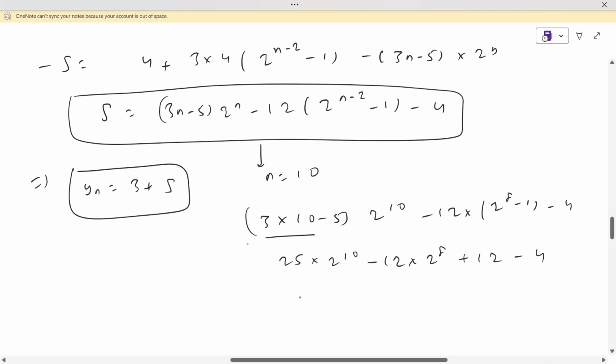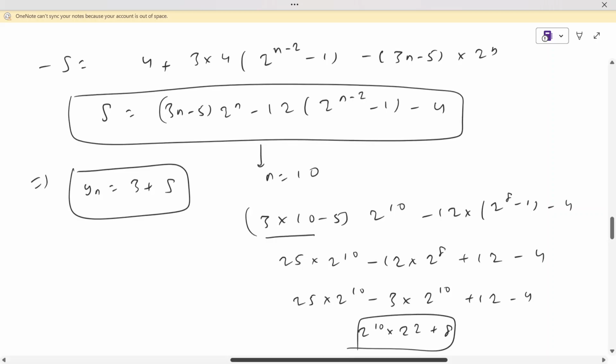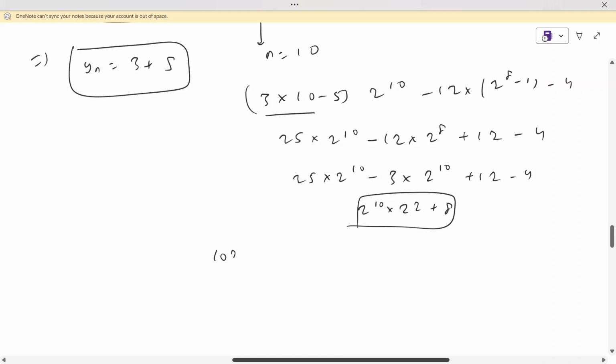So you can check, it is 25 into 2 to the power 10 minus 3 into 2 to the power 10 plus 12 minus 4. 2 to the power 10 into 22 plus 8 we are getting. Fine. It is 1024 into 22.